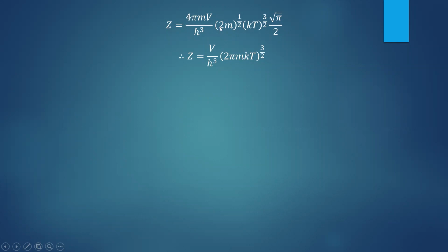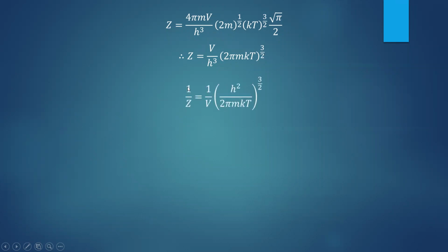You will get 2 into 2 to the power half, so you will get 2 to the power 3 by 2. Like that, you collect the term m together. M into m to the power half is m to the power 3 by 2. You will get finally z equal to v by h cube into 2 pi m kt to the power 3 by 2, if you collect all the terms together.